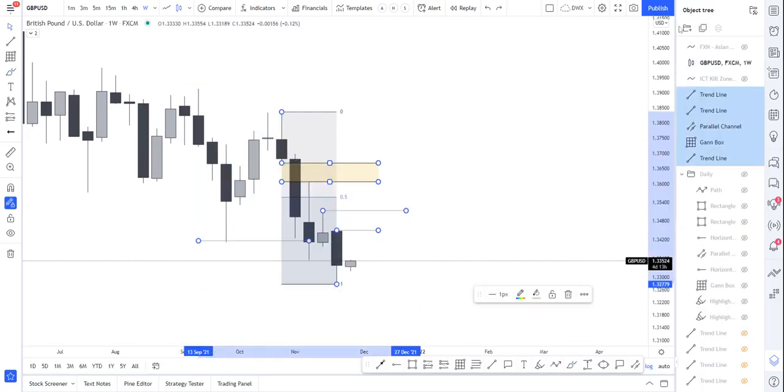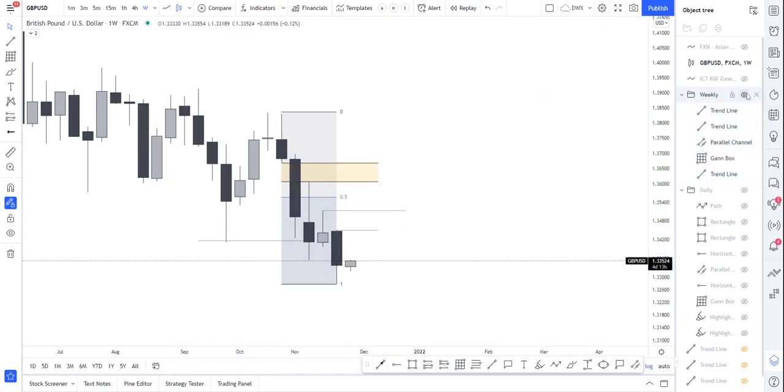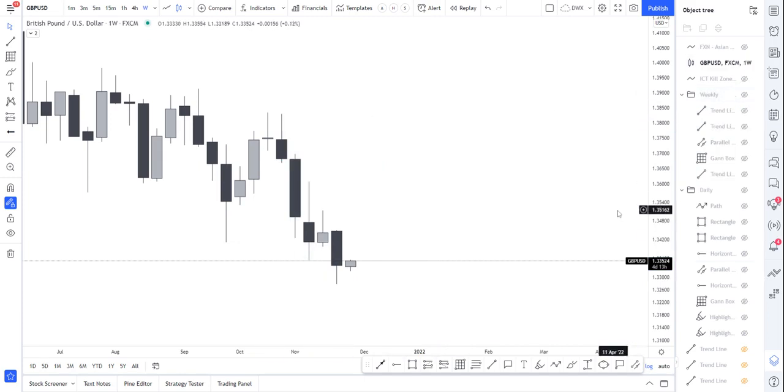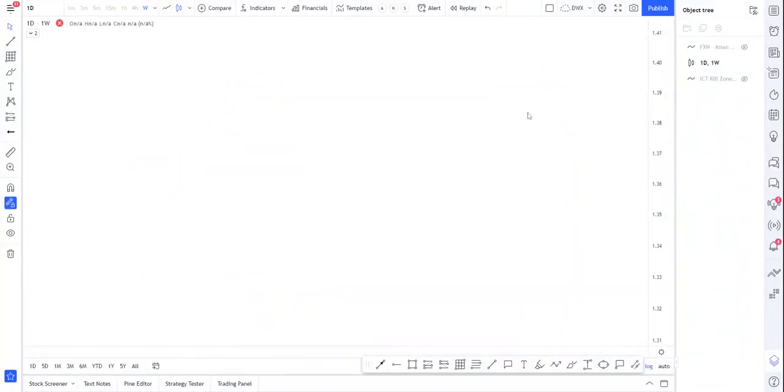We can then just group this and give it a new name. We can name this weekly. So you can always go to your weekly, go back, refer to this, and get an indication of where price is potentially heading.